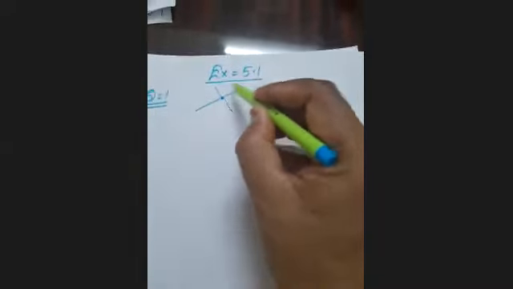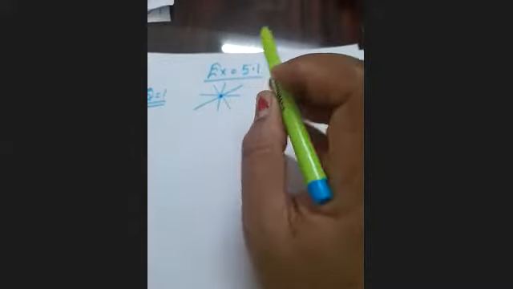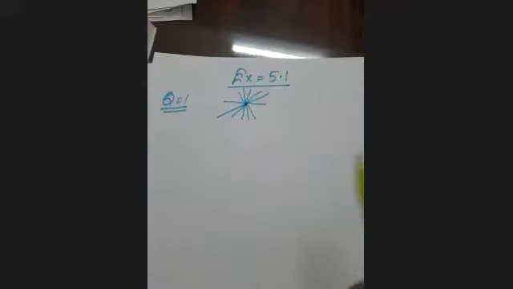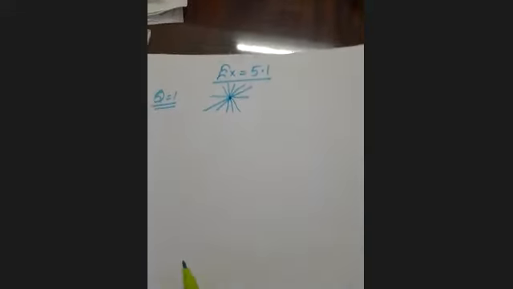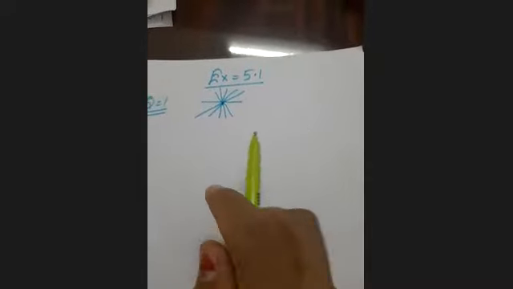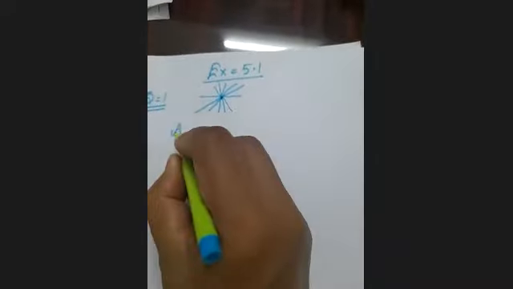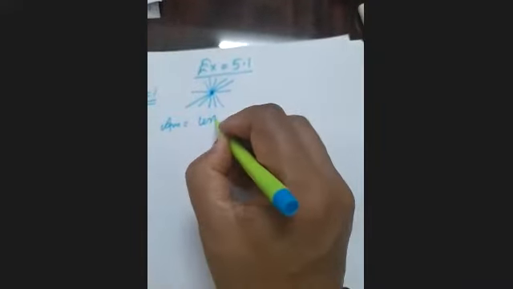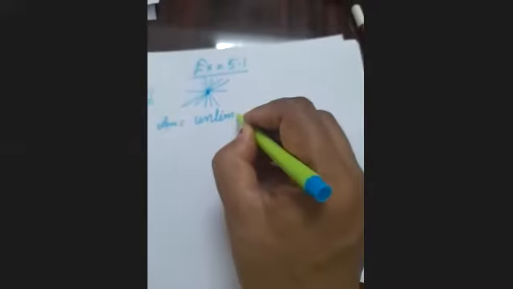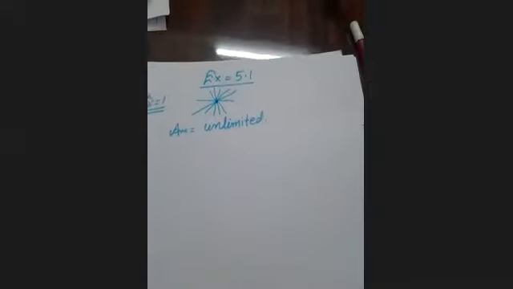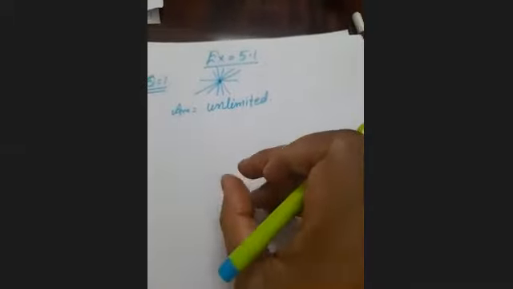Yes, friends, we can draw unlimited lines through one point. So your answer is unlimited. We can draw unlimited lines through a point.